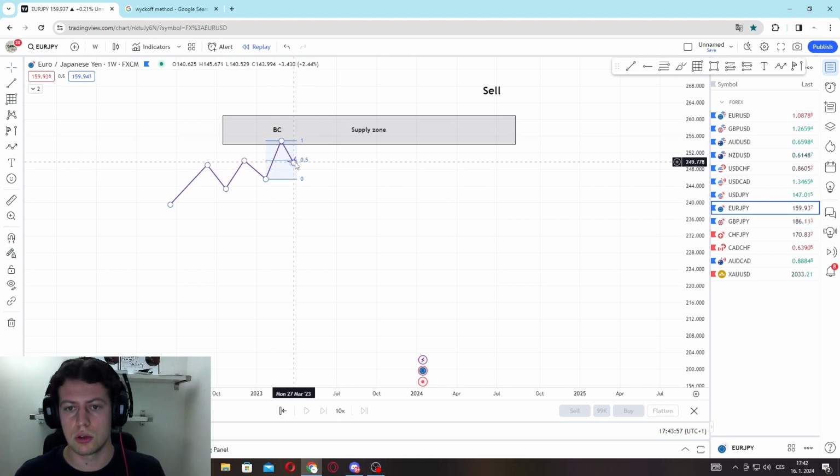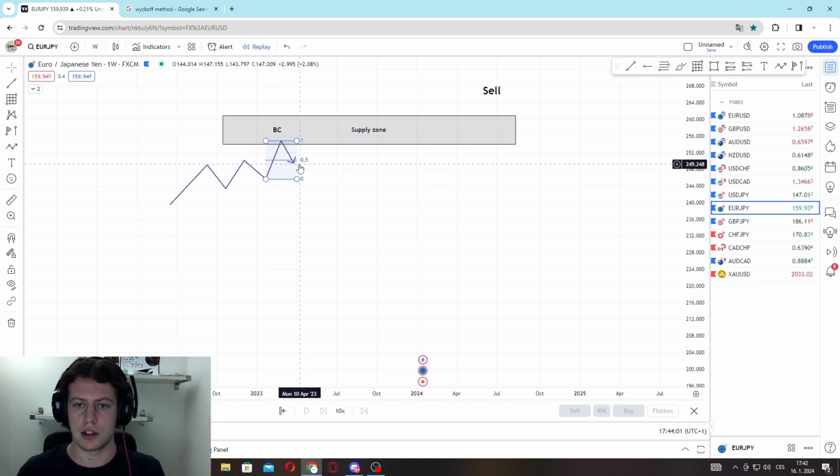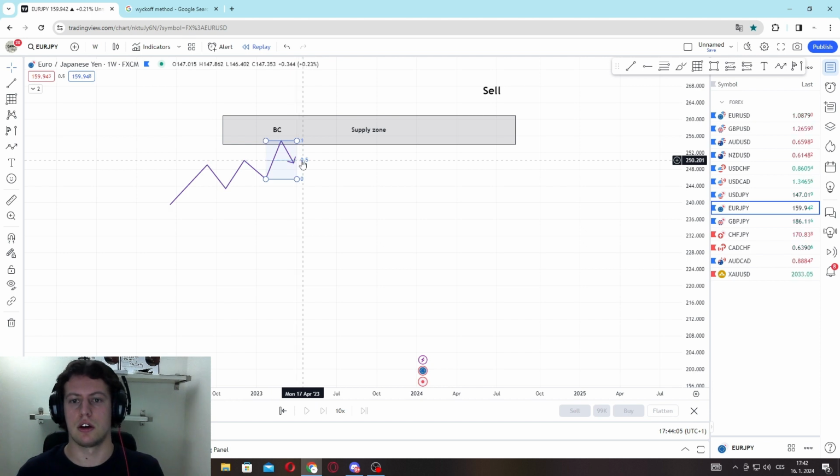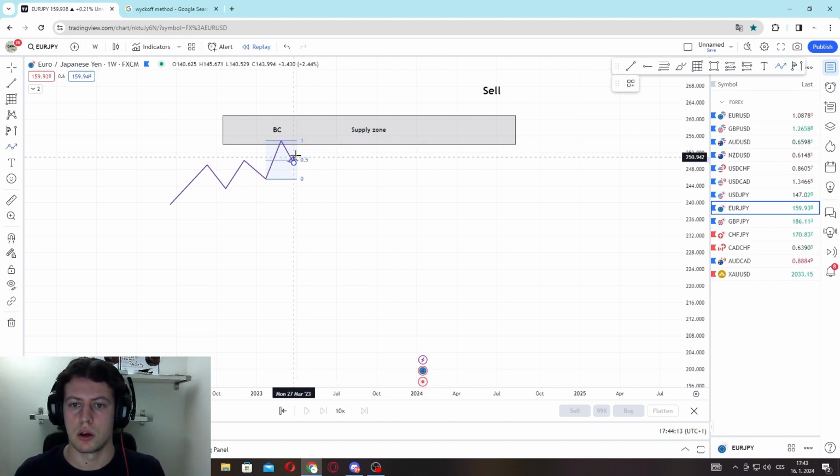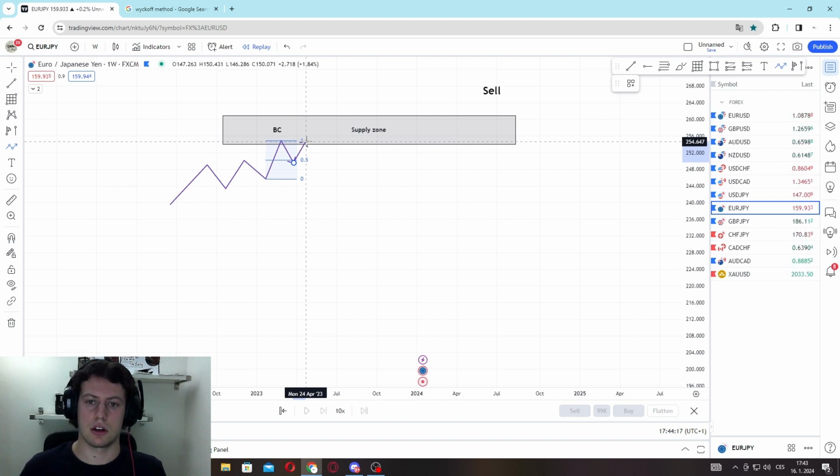It goes to the 50% of this pullback. It has to at least touch, at least some wick. It doesn't have to close, but at least a wick. So then we continue. We go back to the buying climax, and this also has to somehow test it.